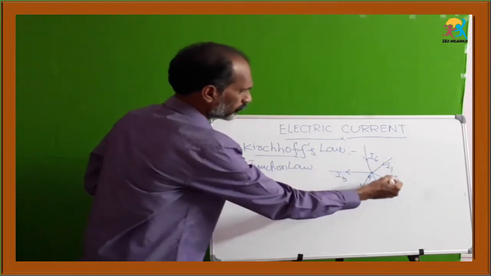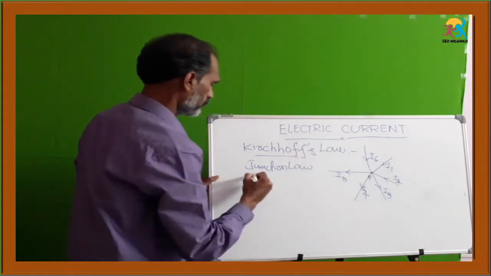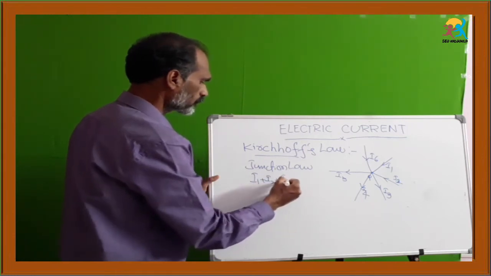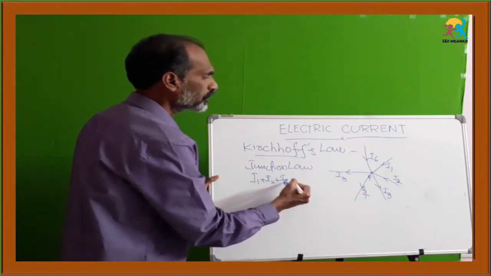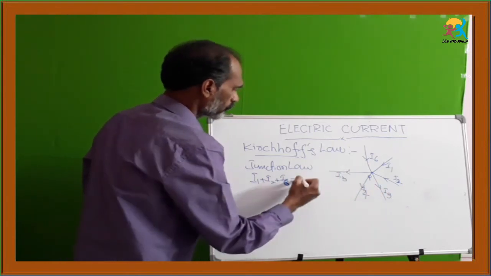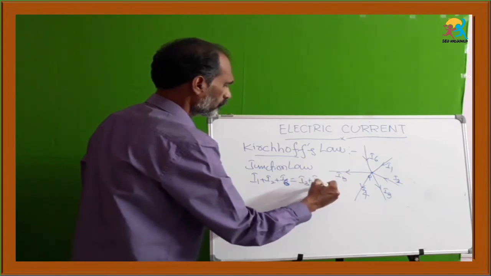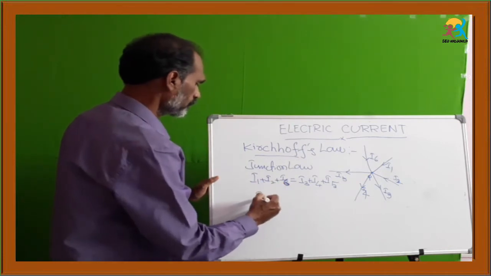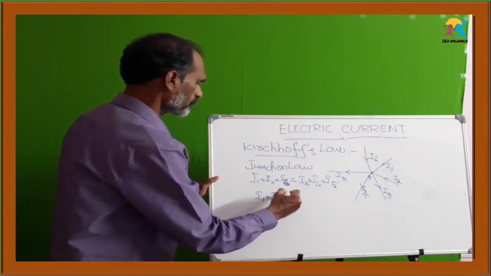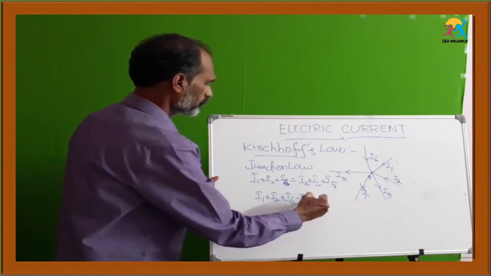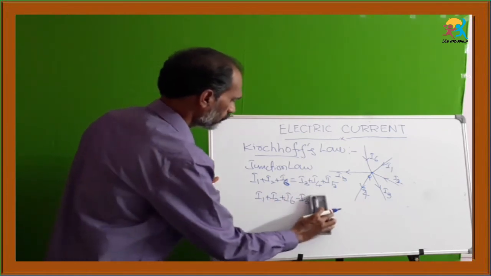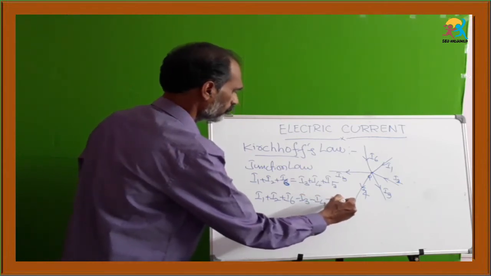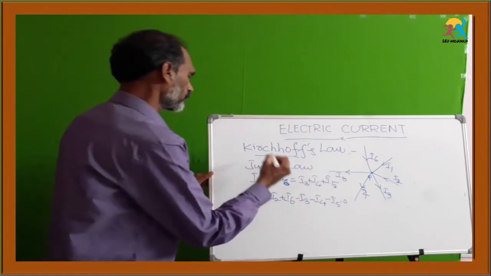It means I1 plus I2 plus I6 will be equal to the sum of I3, I4 plus I5. In the same way we can write I1 plus I2 plus I6 minus I3 minus I4 minus I5 will be 0. This is the junction law.